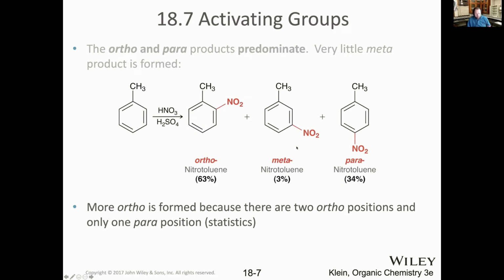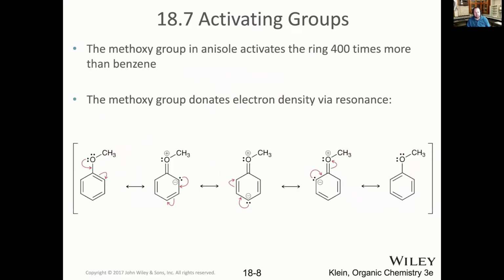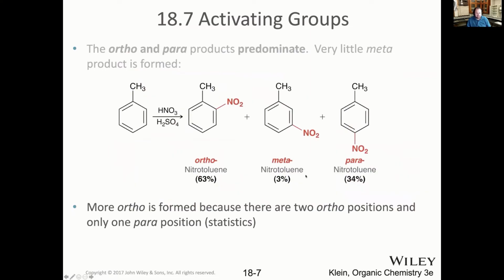That's because the meta position still has a much greater activation barrier, and the energetics is too much to overcome. Statistics can only play a role when different pathways are close in energy. So statistics is really the issue here when it comes to ortho versus para in small groups like this.